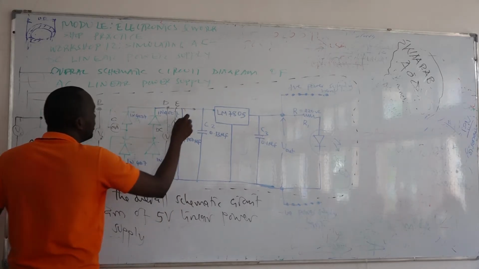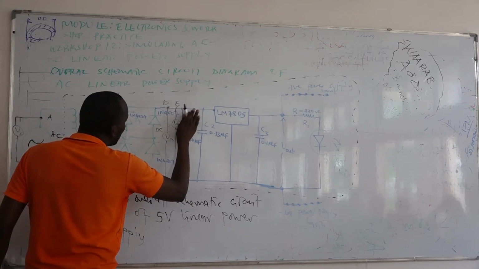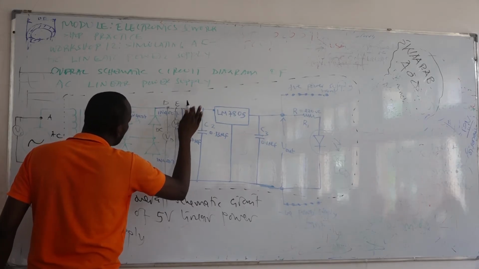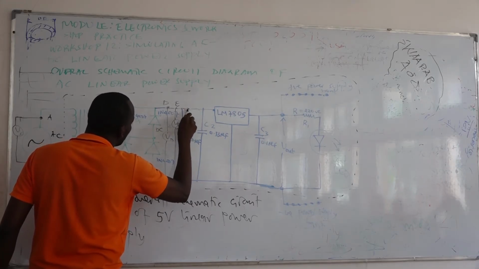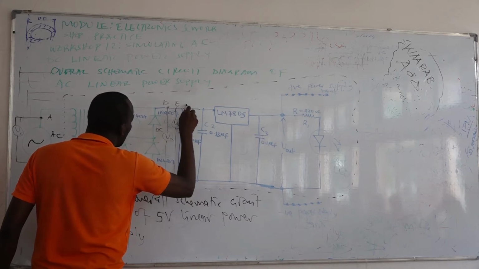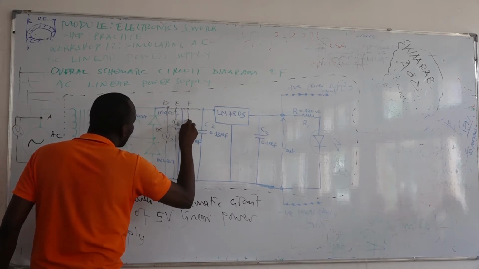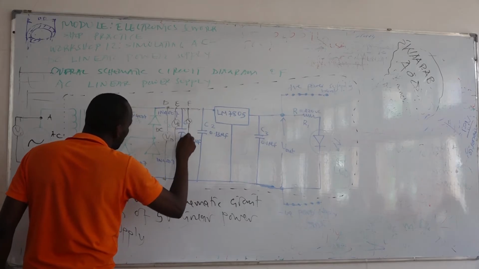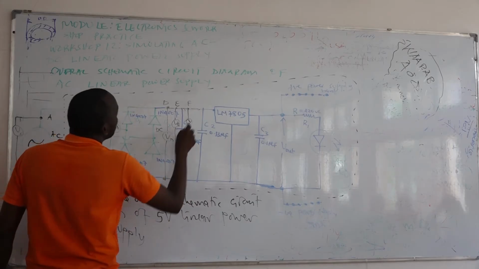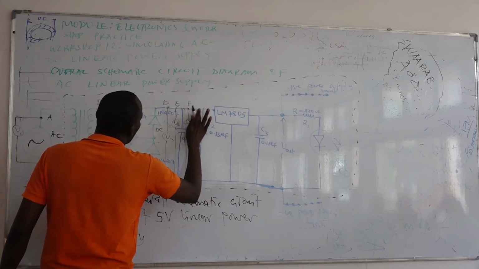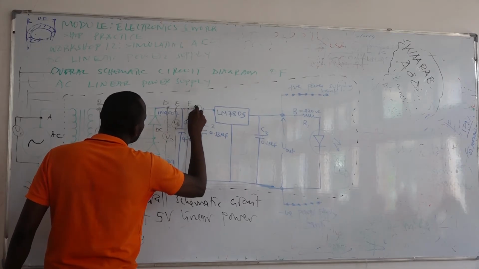This is the filter. So at this point, we might need just two parameters, or we might have two testing points. The first one, we might have point F, where we need to know the output voltage after the rectifier. But also at this point, we need to know the current.